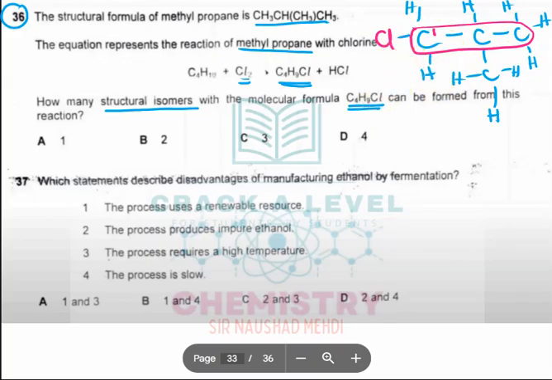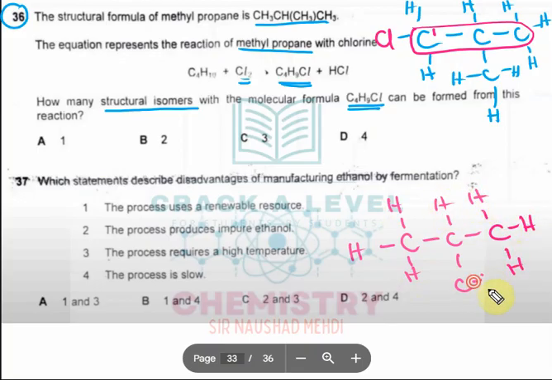Similarly, if you substitute the hydrogen from this corner carbon, like this, let me redraw that. This is the second one. Again I am drawing methyl propane.